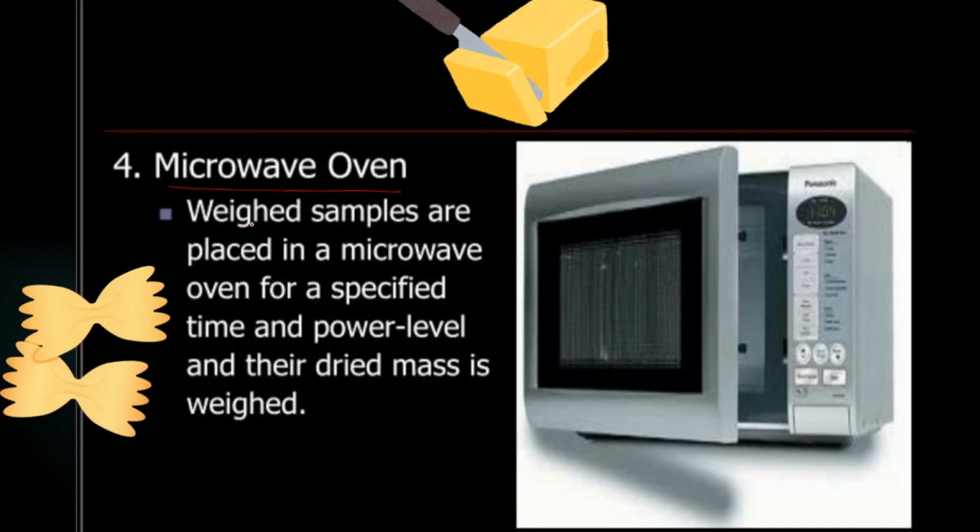Microwave oven. Weighed samples are placed in a microwave oven for a specified time and a power level, and the dried mass is weighed. And it uses the microwave radiations to heat food by exciting water molecules. It results in the quick and the uneven heating, primarily used for reheating or the cooking simple meals.